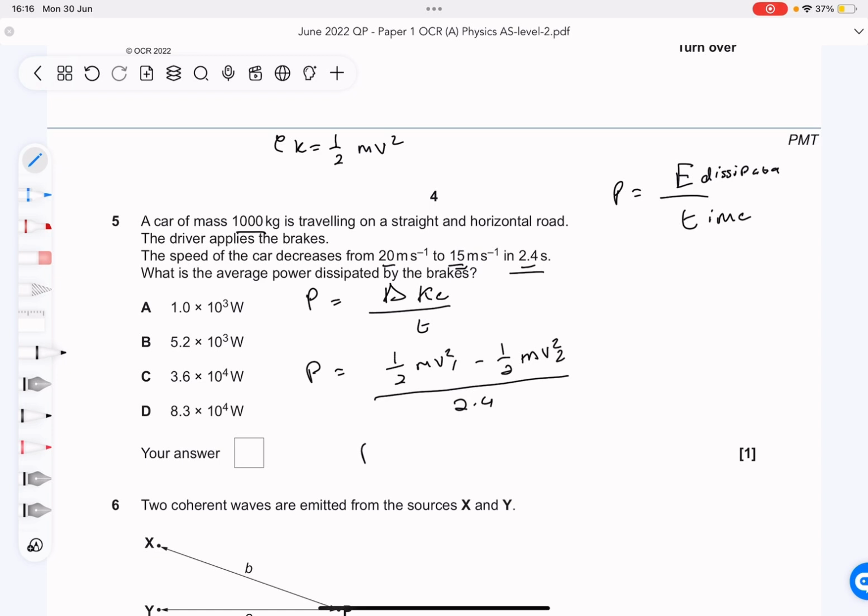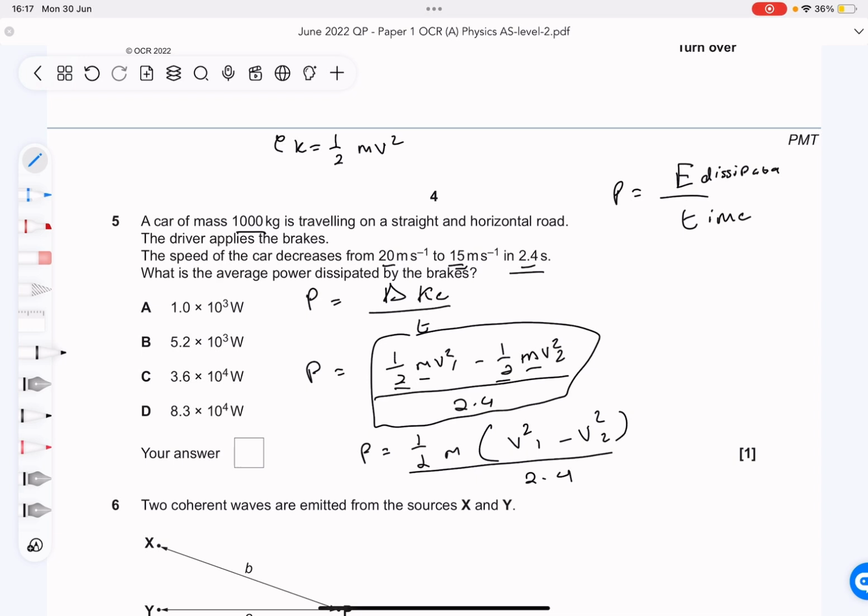So therefore power is a half m. I'm just factorising a half and an m because they're constant in each term on the numerator. So I'll have a half lots of m over v squared 1 minus v squared 2 over 2.4. You don't have to do this step. You could just put your values into this equation and be safe. But I'm just showing you guys a shortcut so you don't have to type a longer expression.